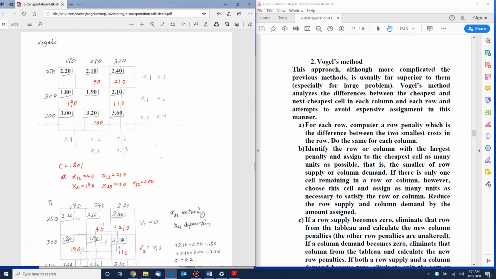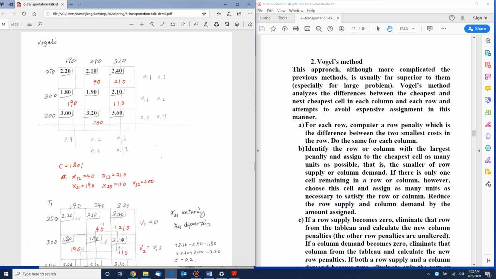So the difference is 0.2. And the third column, the cheapest one is 2.1, and the next cheapest one is 2.4. The difference is 0.3. So here, for each row and each column, we have the difference between the two cheapest prices.